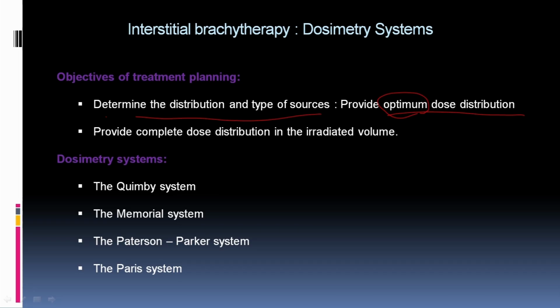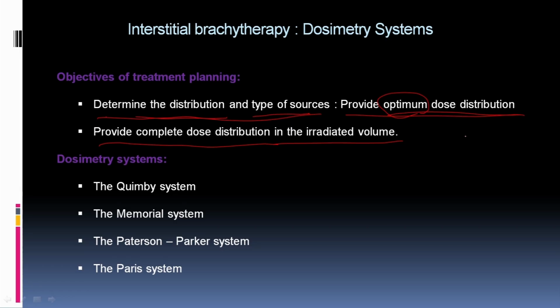So, the first objective is to determine the distribution and type of source to provide an optimum dose distribution. Second, our treatment planning objective is to provide a complete dose distribution in the irradiated volume, meaning our target volume. The irradiated volume is the volume which received a significant amount of radiation.